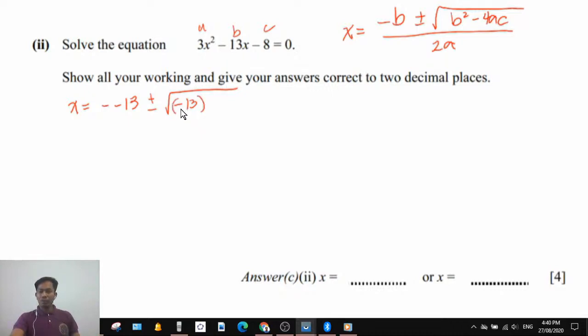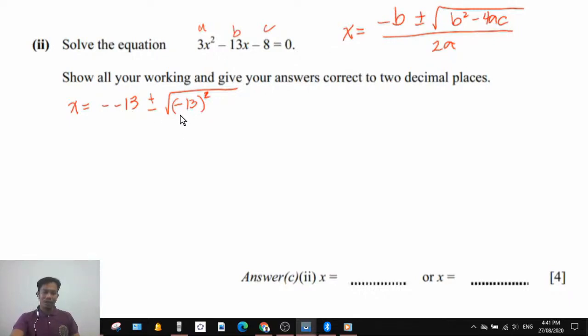I cannot put negative 13 then squared only without a bracket. I have to put a bracket because b itself is negative 13. Negative is not outside. Just like here, I put negative 13 because b is negative 13, and negative here is a different quantity into the negative 13.